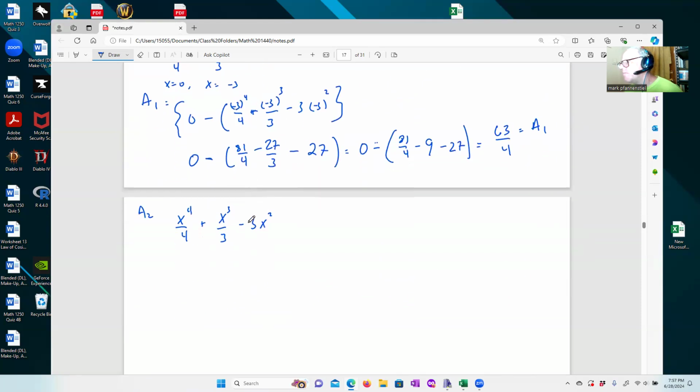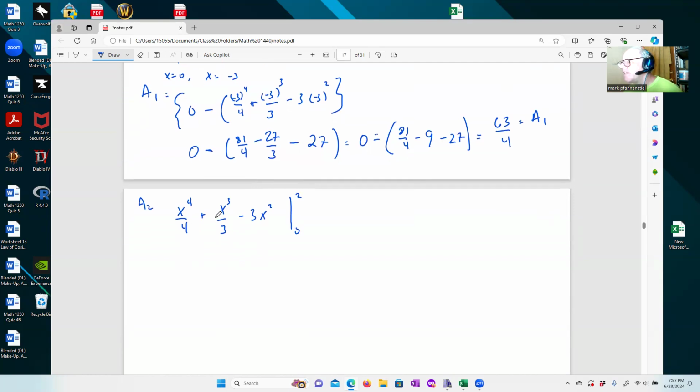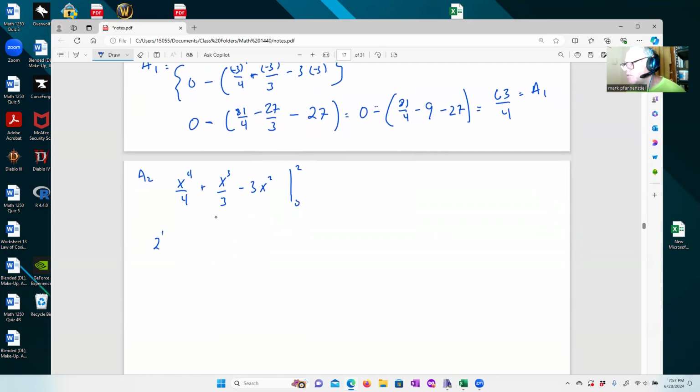From 0 to 2. So let's plug these things in. We have 2 to the 4th over 4 plus 2 cubed over 3 minus 3 times 2 squared. This was my x equals 2. Minus, when I plug in a 0, we get 0, 0, and 0. So minus 0. That's not going to be too bad.